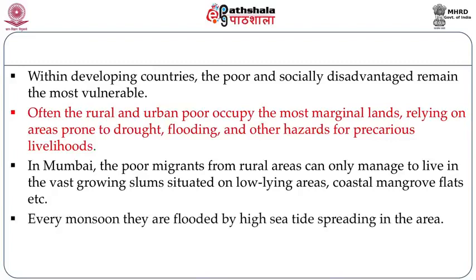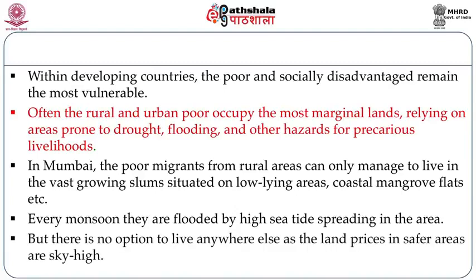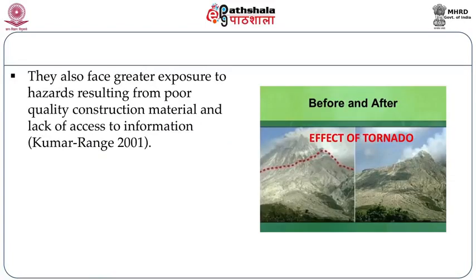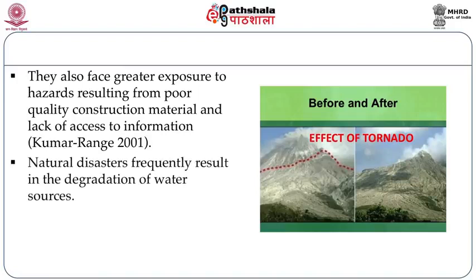Every monsoon, they are flooded by high sea tide spreading in the area, but there is no option to live elsewhere because the land prices are quite high. They also face greater exposure to hazards resulting from poor quality construction material and lack of access to information. Natural disasters frequently result in the degradation of water resources as well.